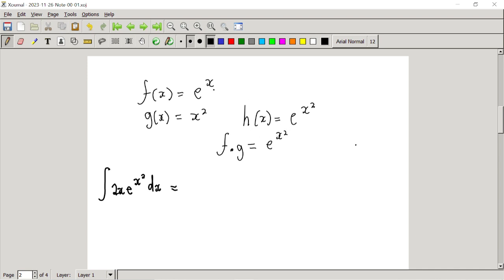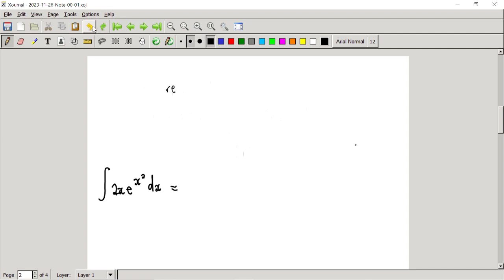So when using u substitution, it's ideal to first choose the function that is a composite function, the function that is written in terms of the other function, to be our u. In this case, our composite function is e to the power of x squared, but we can also use its components.